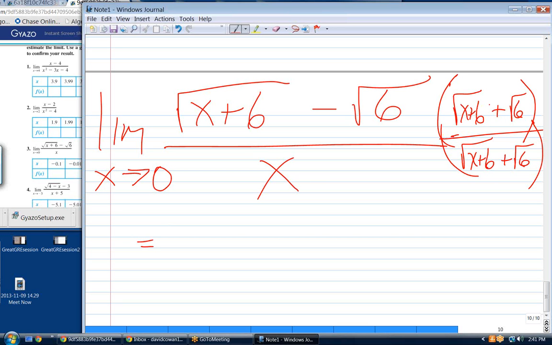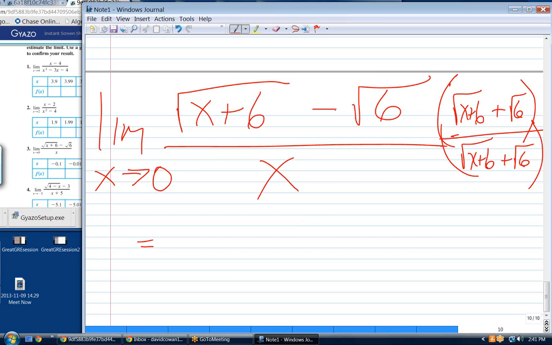The reason I multiply by the conjugate is because I'm going to eliminate any middle term. In other words, if I have a plus b times a minus b, I don't have any middle term. I just have a squared minus b squared.